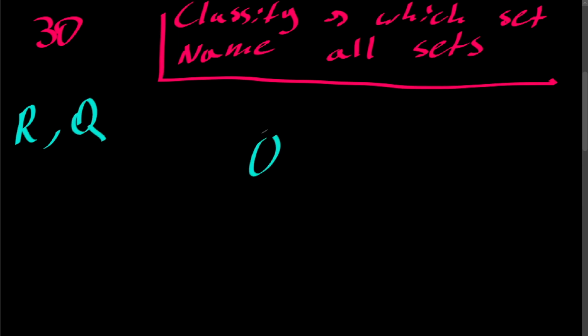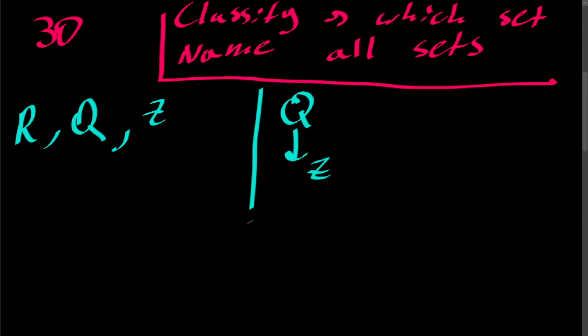So let's go further. Now that we're in the Q side of things, we have to decide, okay, is 30 anything else that's also rational? So could it be an integer? So is 30 a negative or positive whole number? Yeah, it is. 30 is a whole number because the denominator is 1, so we could also say this is Z. Now, could we say it's anything else?